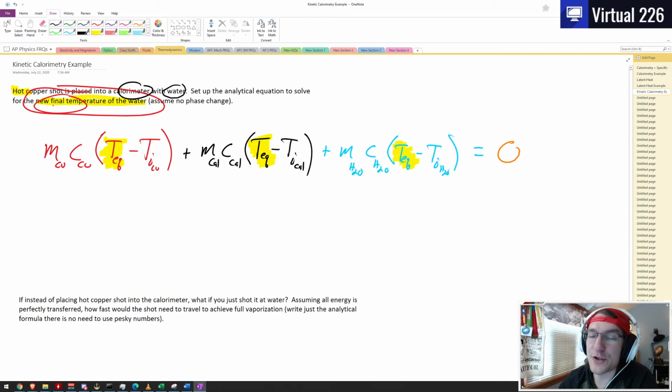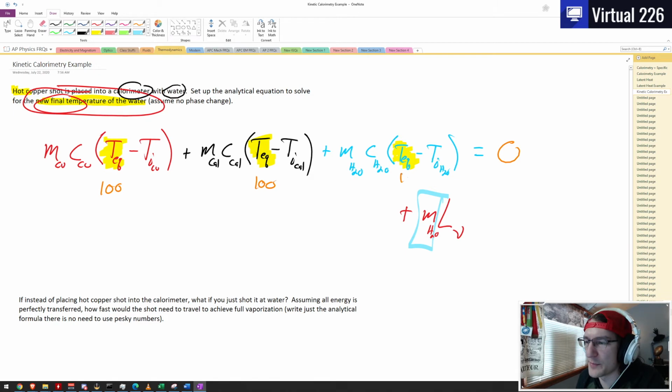I guess what you could do in that problem is figure out how much energy you had, and then add in an m L_v term for the latent heat of vaporization of H2O. It would be interesting to see what mass of water in that problem vaporized, because at that point you would know that the final equilibrium temperature would be 100, and you could figure out all that extra energy goes into vaporizing some amount of water. So you could figure out how much water you lost there, which would kind of be cool.